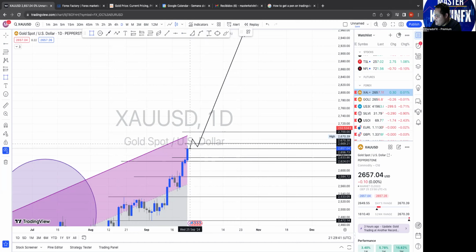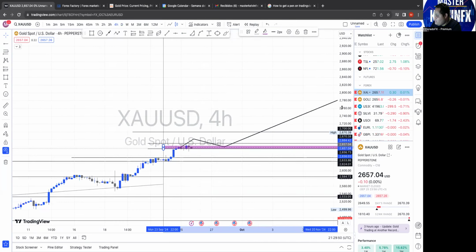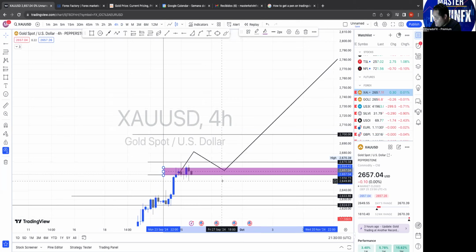This will be the buy zone that I'm thinking about. Okay, if we do some refinement in 4 hours, we're going to find out that it's a really nice zone to buy, including if it doesn't take this low here, 2,649, that will be more confirmation for us to buy like crazy. That's what I'm going to say.